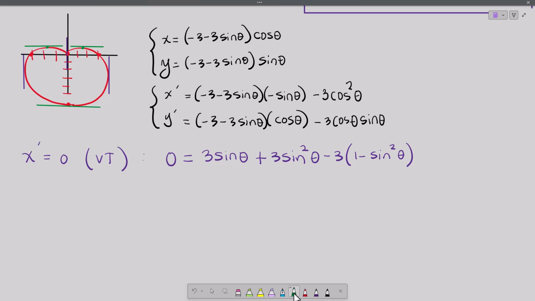Notice that we can divide 3 away, right? Because 0 is on the left. 0 divided by 3 is still 0. So this right-hand side becomes, when we simplify it, we have sine of theta. And then over here we have sine squared times 1. So it's sine squared.